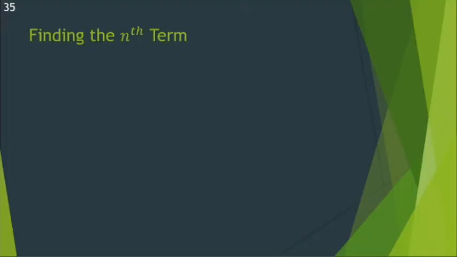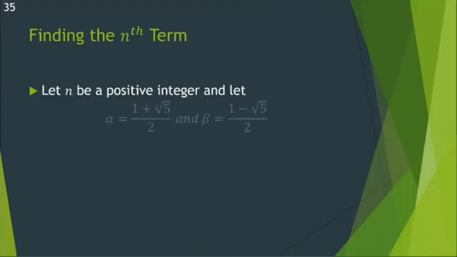Okay, for general nth term, finding the nth term, so kahit pang ilan pa yan, so let n be a positive integer, or ito yung pang nth term natin. Let alpha is equal to (1 plus square root of 5) over 2, and beta is equal to (1 minus square root of 5) over 2.